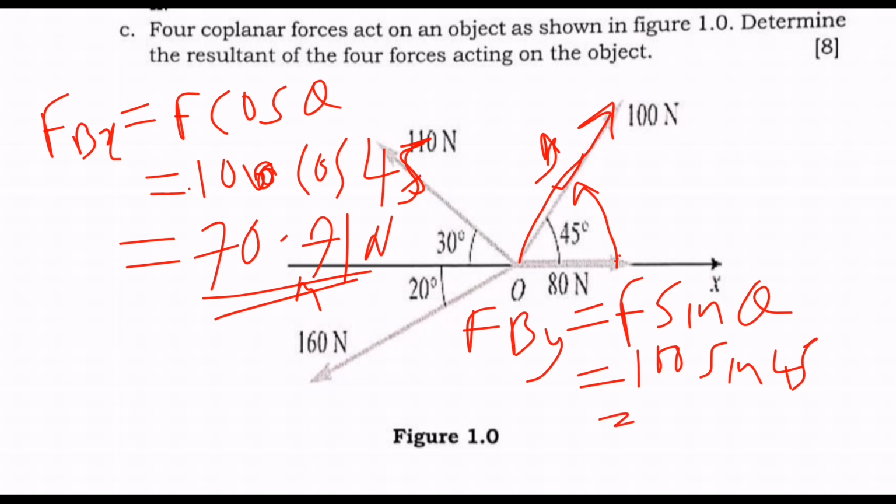When you punch it again on the calculator, it will give you the same thing, 70.71 Newton. So take note of this also. After that, we go to another component.